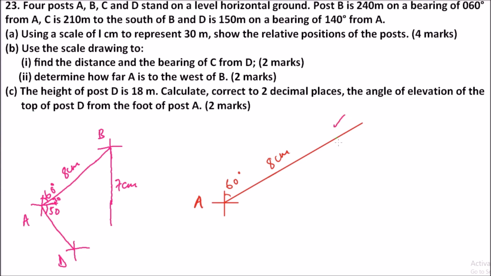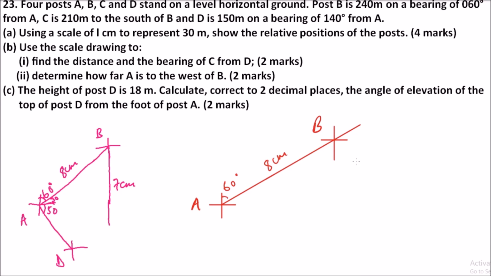So I'm going to draw a compass there of point B, so that we identify point C. So that is the compass at B, and then we are told that C is 210 kilometers south of B. So we need to extend this line here, and then we measure 7 centimeter to represent 210 kilometers. So let's do that.